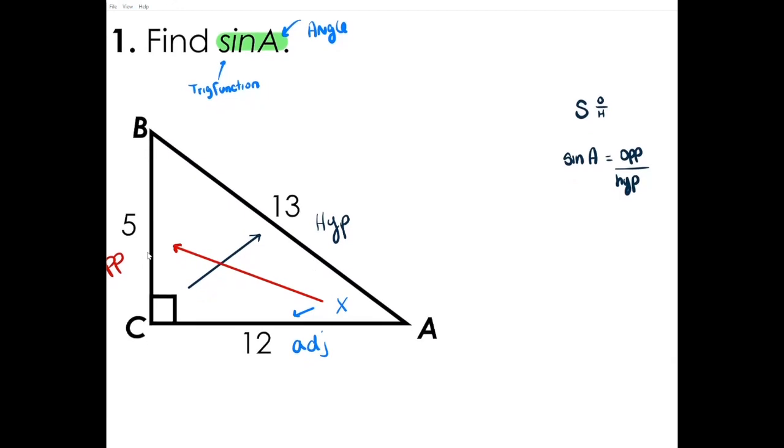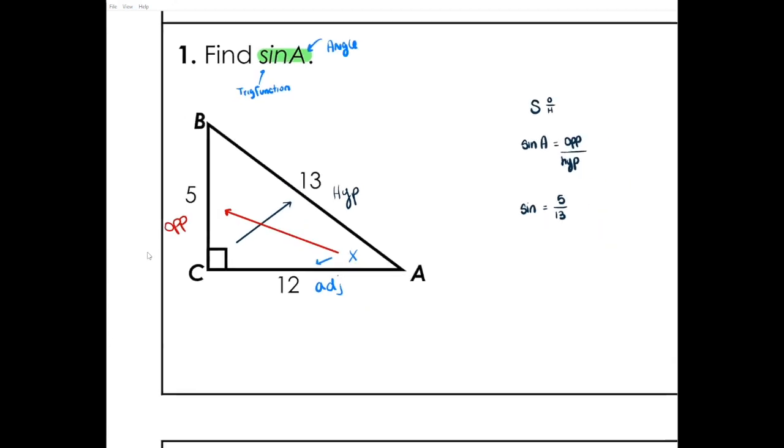Sine of A is 5, which is our opposite, over 13, our hypotenuse. Now, sine and cosine are a lot like percentages. They should never be more than 1, because the greatest value on our unit circle is 1. So sine and cosine should never be more than 1. Tangent can be if the numbers line up that way.